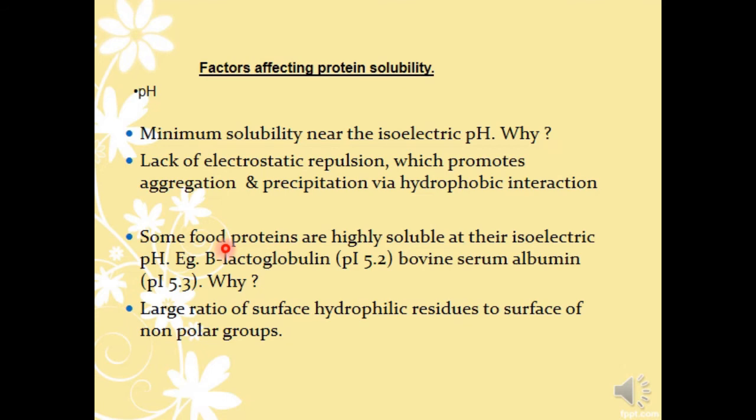Go back again to the rule of thumb. If it is soluble, it means the major interaction will be hydrophilic interaction or ionic interaction. So there is a large ratio of hydrophilic residues on the surface of the protein.